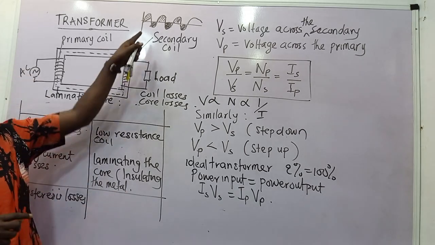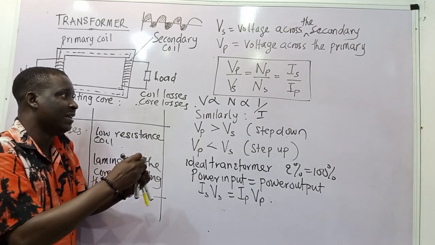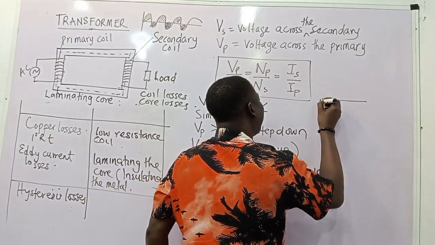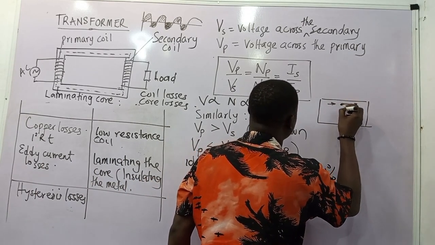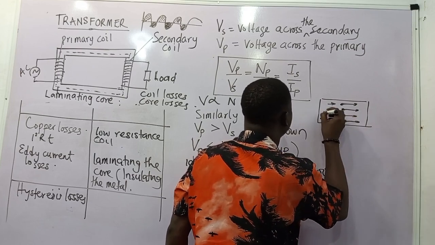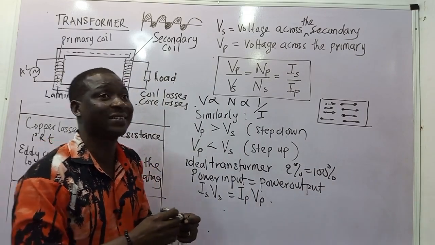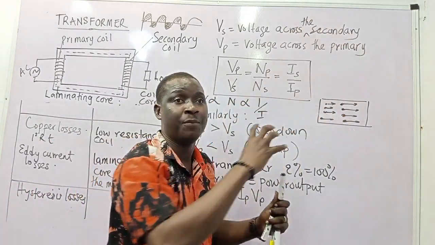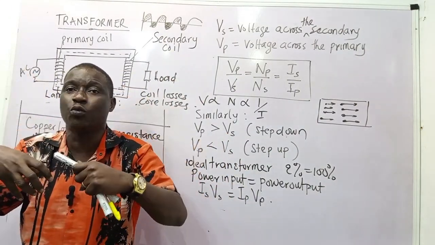Because during magnetization, the magnetic domains align themselves in a way that they become magnetized. The magnetic domain contains the magnetic molecules, because the domain of a magnet is where the magnetic molecules reside.